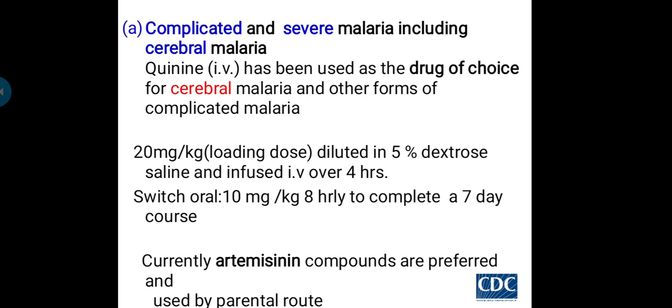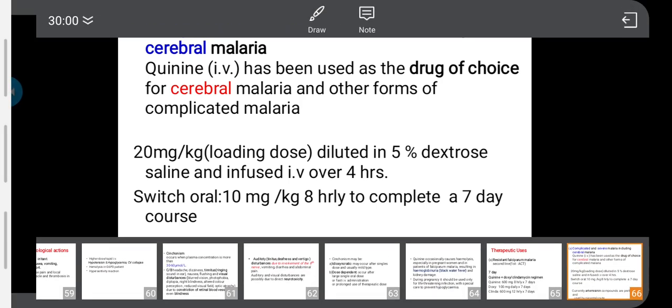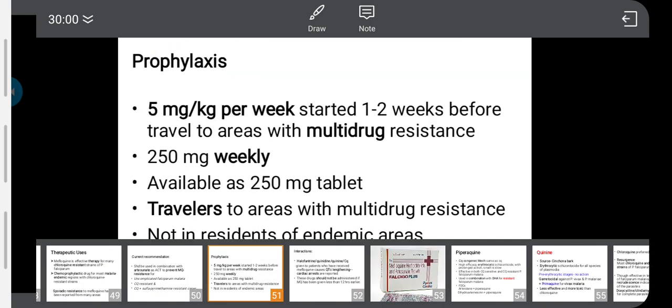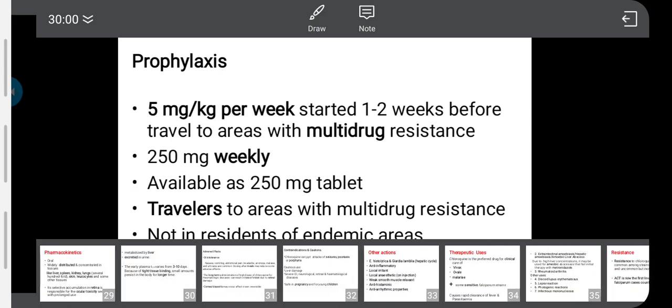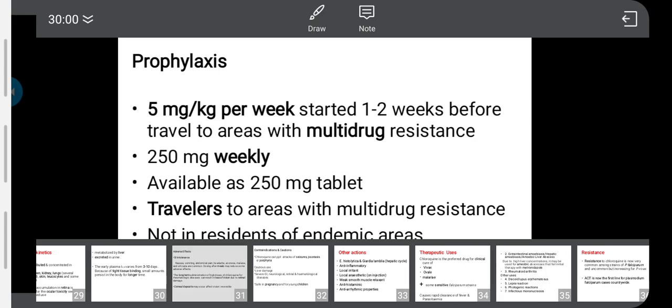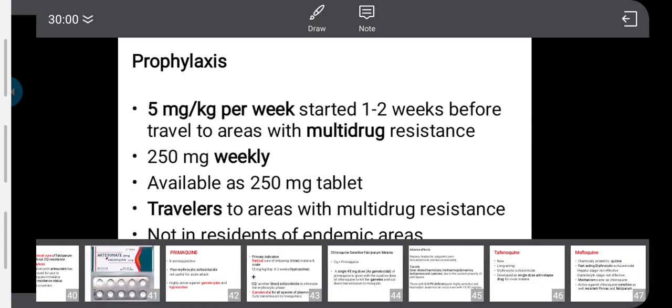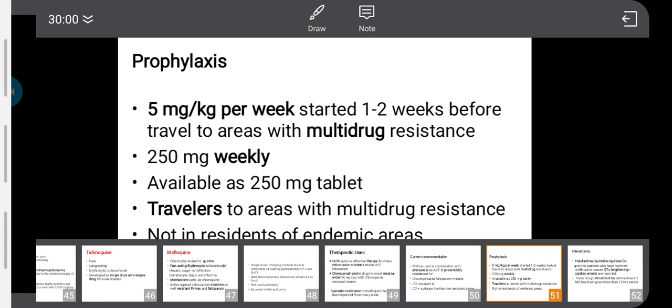Number 9, name the drug which can be given as a single dose therapy for prevention of relapse as compared to 14 days therapy of primaquine.